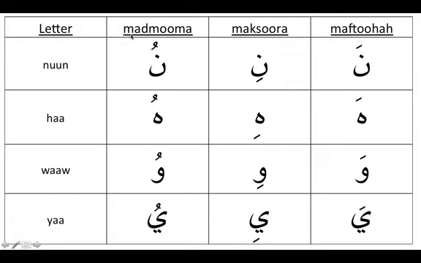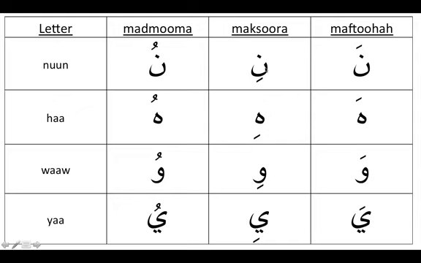And when you place a dhamma on top of it, the letter becomes madmuma. When a fatha is placed on it, you make a short a sound. When you place a kasra below it, you make a short e sound, or the short i sound. And when you place a dhamma on top of it, you make the short u, or the short o sound. So I hope you're starting to understand.